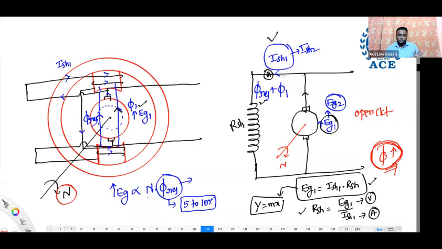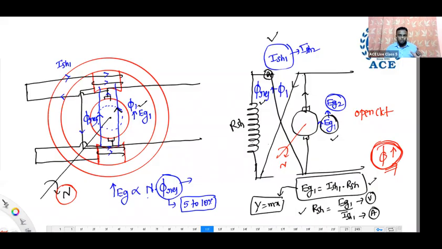Suppose by mistake it is wrongly connected. Wrongly means, let us consider here itself: while connecting the field winding, you connected it in this way, reverse connected. Now check what happened. Due to residual flux, when we rotate, EMF Eg1 is induced. But due to that Eg1, a current flows in the reverse direction.